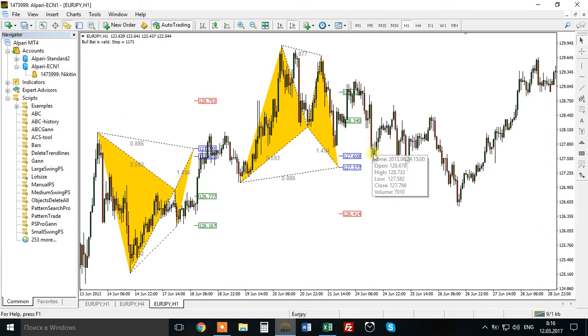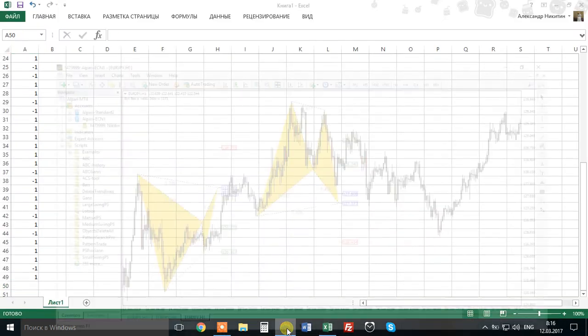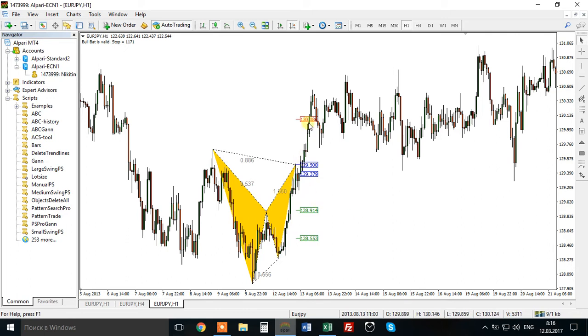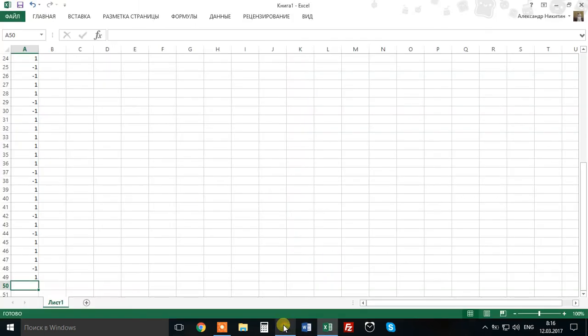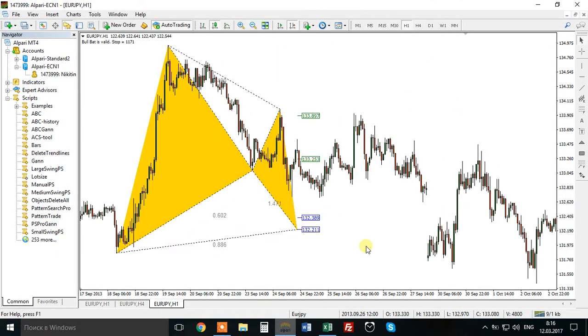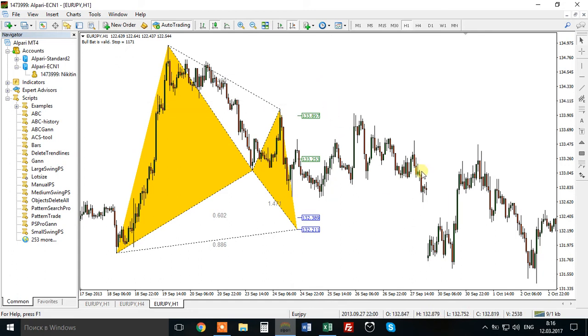Okay. Didn't hit 90, so we hit the entry here, and then we went to target level, so it was a winner. Going next, obvious loser. -1. Okay, invalidated C? No, the C point was not invalidated.